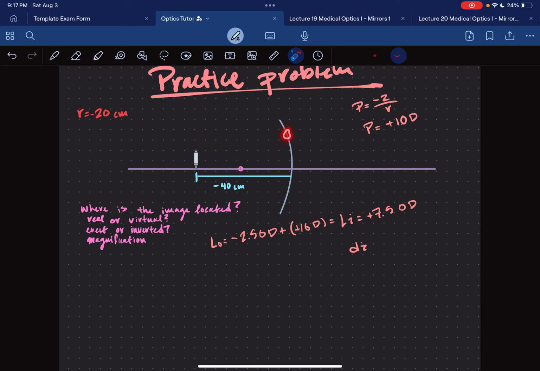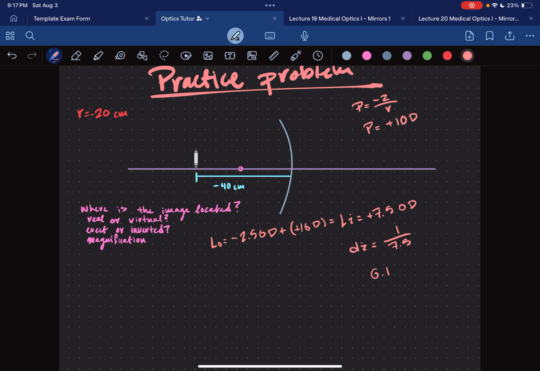And that goes for light traveling this way, but if we measure this way, this side will be negative, this side will be positive. So if we think of it that way, the distance of the image is equal to 1 over 7.5. This I cannot and will not do in my head.